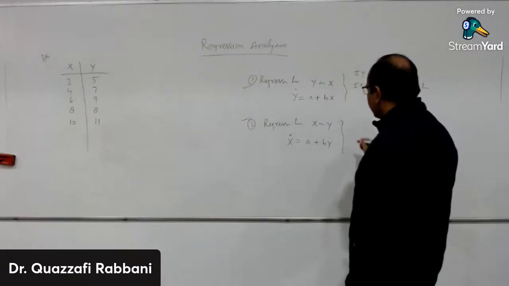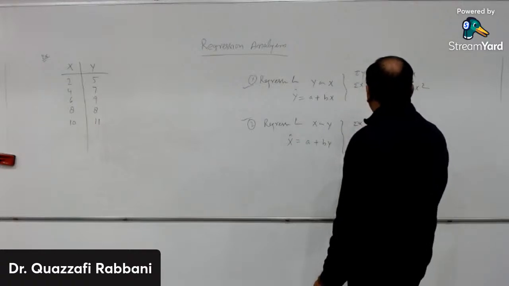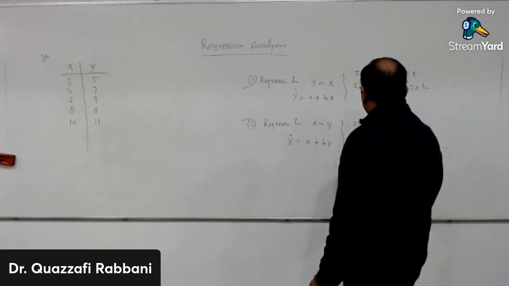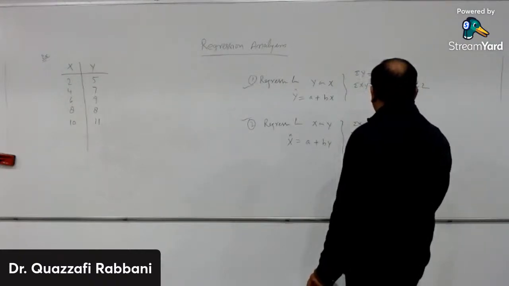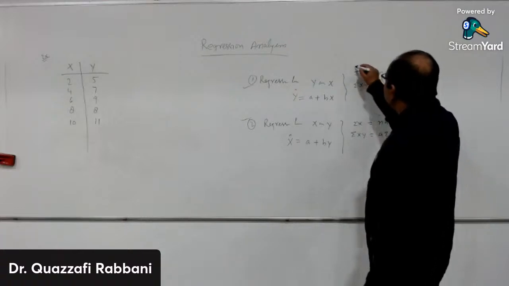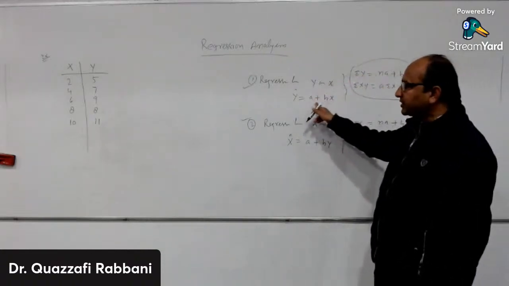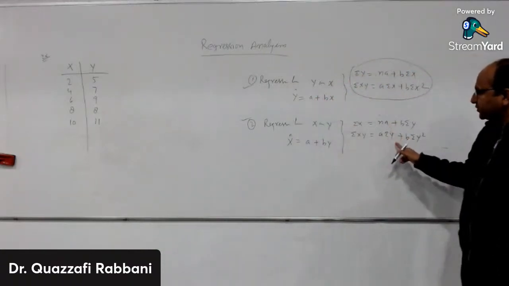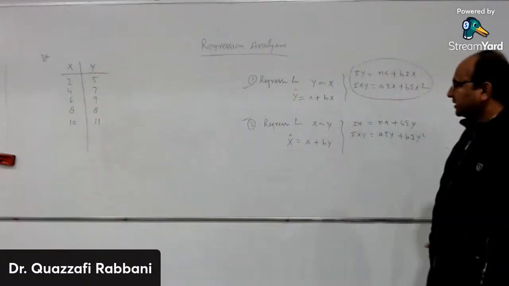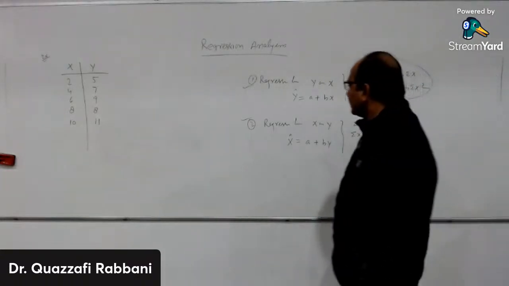In this case, summation x is equal to na plus b summation y, and summation xy is equal to a summation y plus b summation y square. So this normal equation is used to obtain the values of a and b to establish this regression line or this equation.